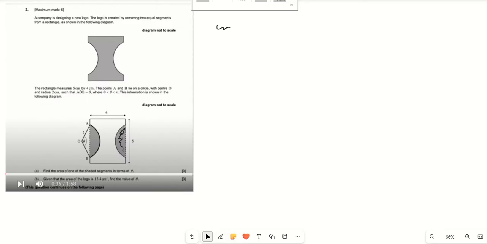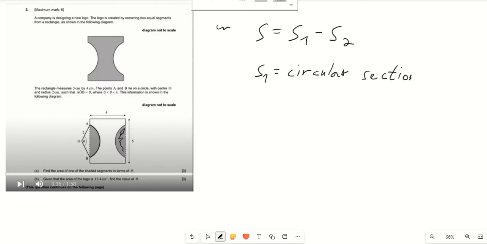I will define this area as S, and I will calculate it by S1 minus S2, where S1 is the circular section AOB, and S2 is the triangle AOB.